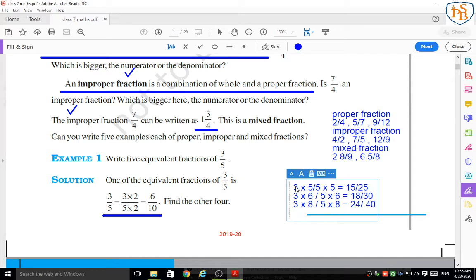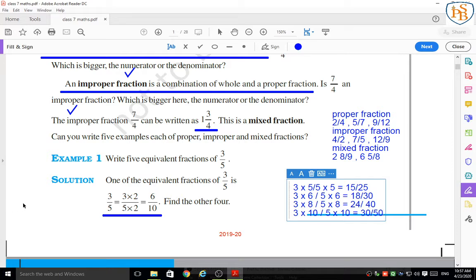And another equivalent fraction: now we are going to multiply 3 upon 5 by 10. So I can write here 3 into 10 upon 5 into 10. So I will get the answer 30 upon 50. So these are my other 4 equivalent fractions of 3 upon 5.